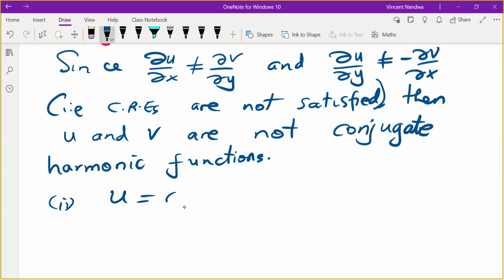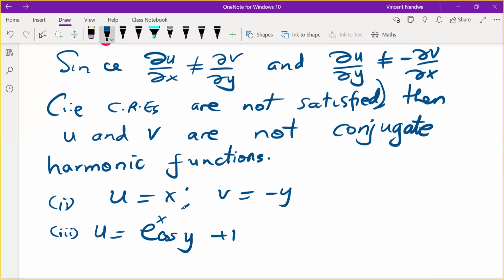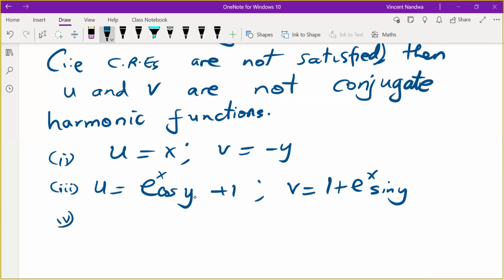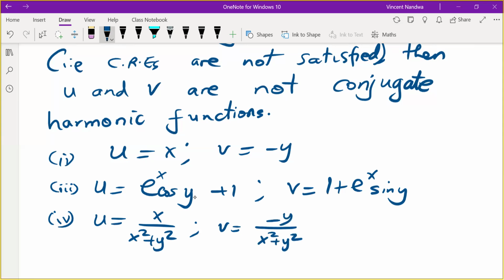If you have u equals x and v equals minus y, then if you have u equals e power x plus y plus 1, and you have v as 1 plus e power x sine y, if you have u as x over x squared plus y squared, and v as negative y over x squared plus y squared.